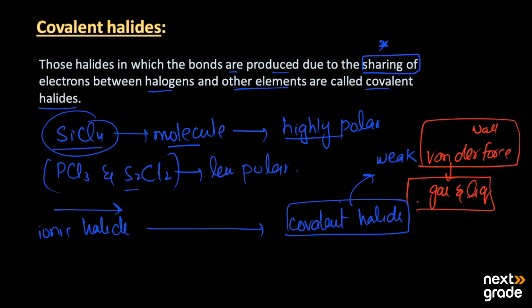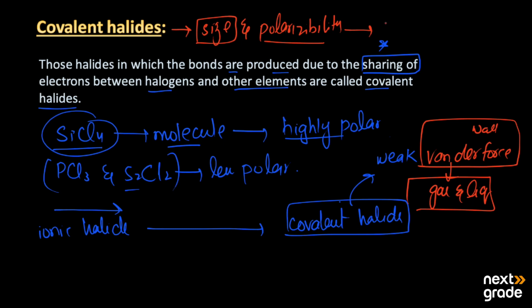On the other hand, covalent halides also depend upon their size and, second, polarizability. Size is the size of an atom, the distance from the nucleus to the outermost shell, and polarizability means how much ability it has to polarize.